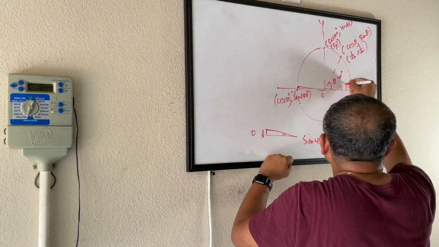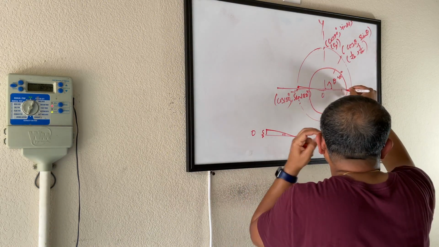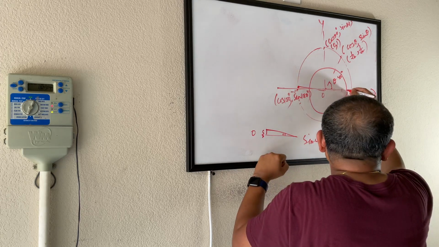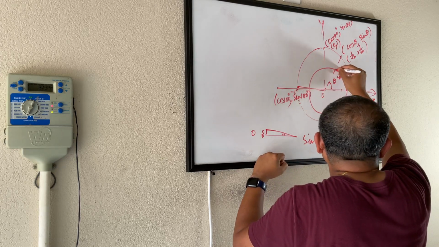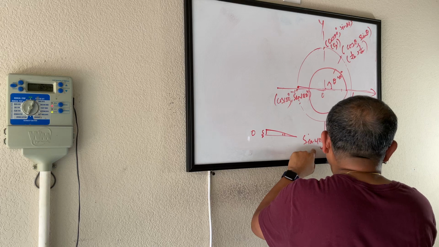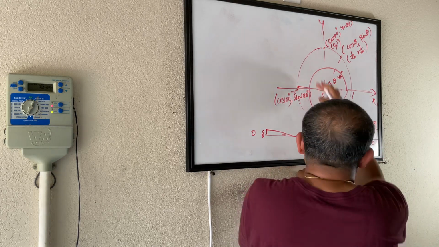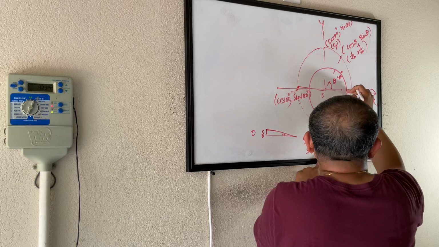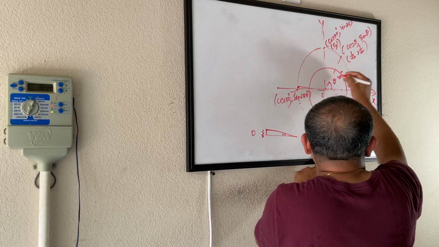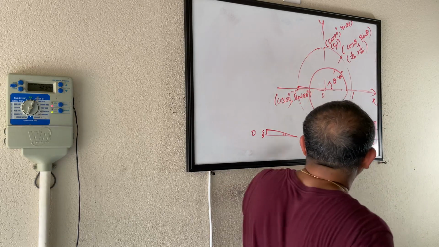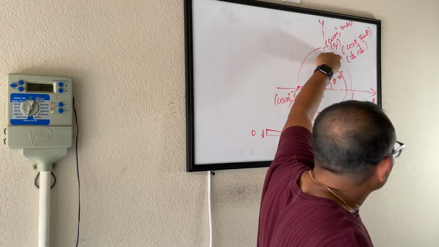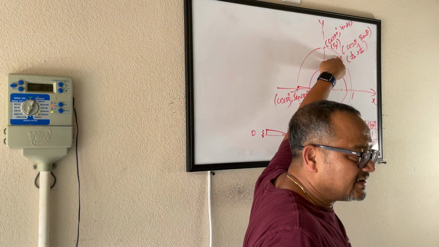You started from here and covered up to here. You got 360 degrees. Then your second loop starts: 360 plus 45. You completed one loop and then you travel another 45 degrees. That's how you landed here. This is no different from your sine 45 actually.